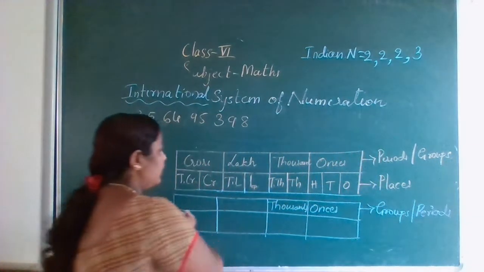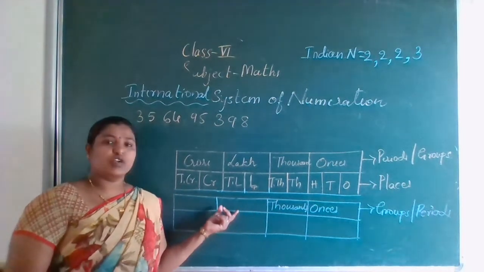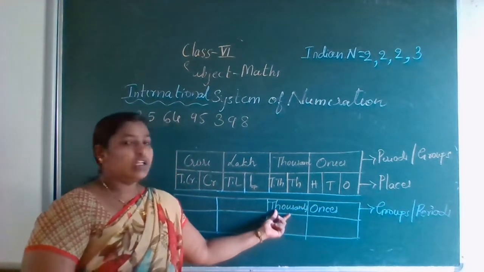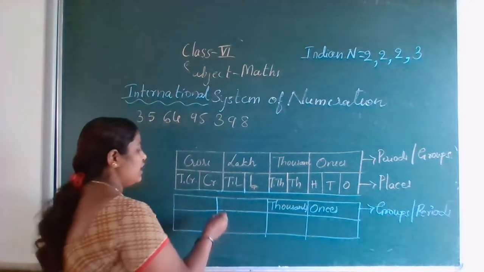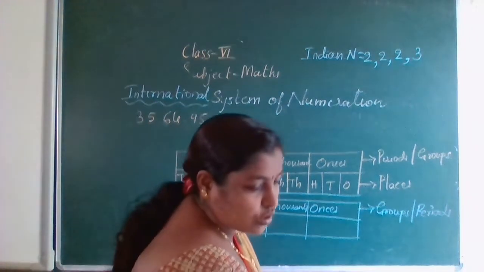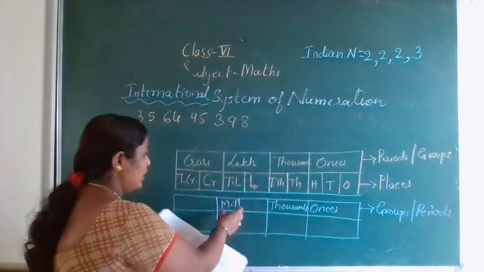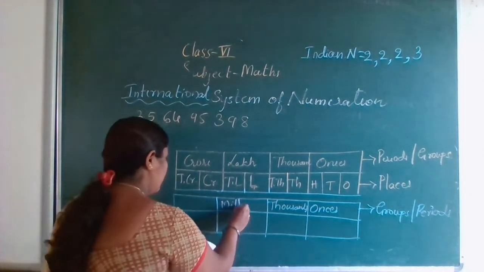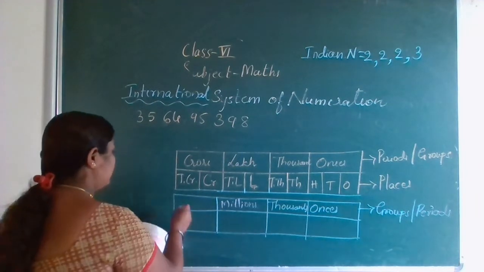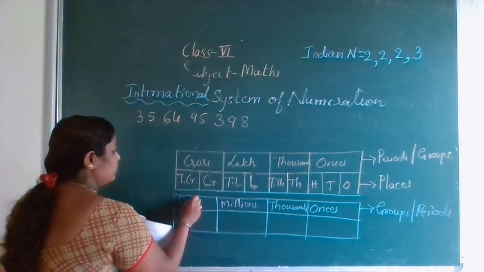So what are the groups of the international system of numeration? Ones group or period, thousands period, next will be millions, so you should see the change, and then billions.